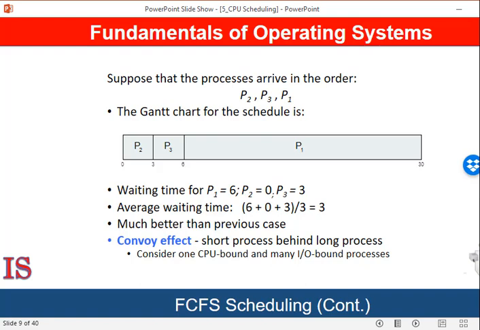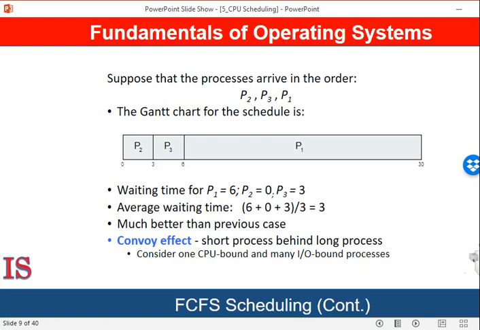In addition, consider the performance of first come, first serve scheduling in a dynamic situation. Assume we have one CPU-bound process and many input-output bound processes. As the processes flow around the system, the following scenario may result.